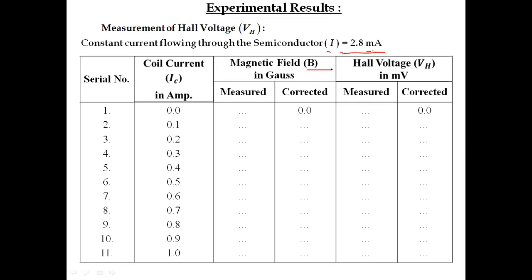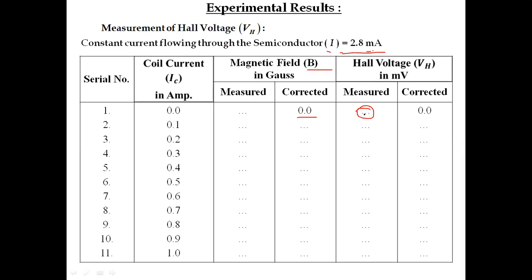Both should be present. But if we are supplying only the current into the semiconductor and no magnetic field, here the magnetic field is 0, then ideally we should get 0 VH. But due to some circuitry problem or misalignment, we may get some value as the measured value. So again, we need to calibrate it.